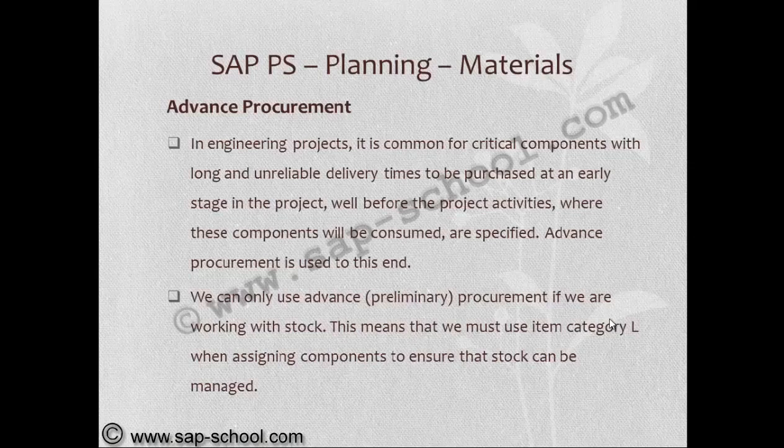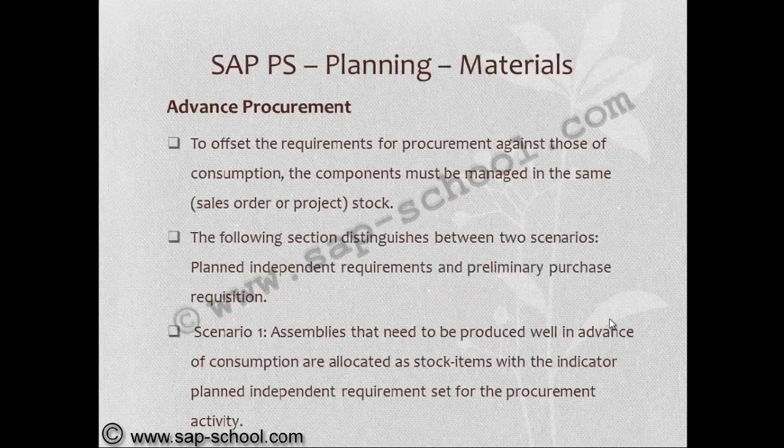We can only use advanced procurement if we are working with stock. This means we must use item category L when assigning components to ensure that stock can be managed. To offset the requirements for procurement against those of consumption, the component must be managed in the same stock.